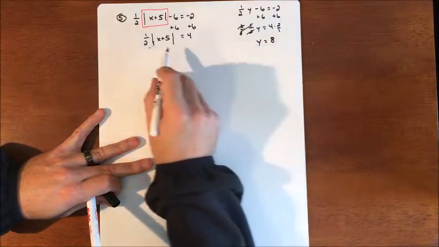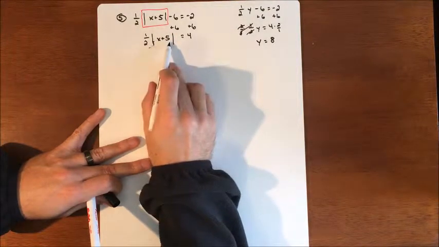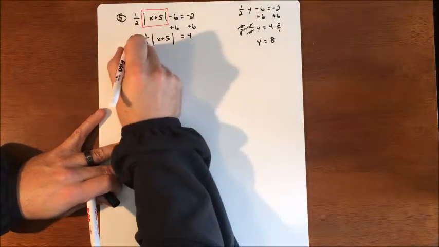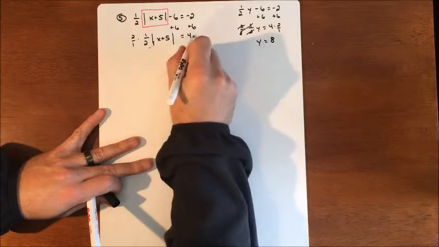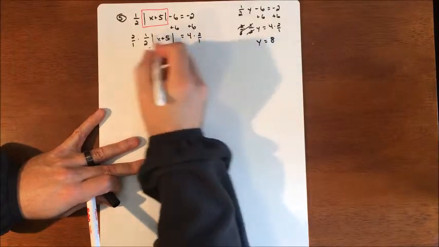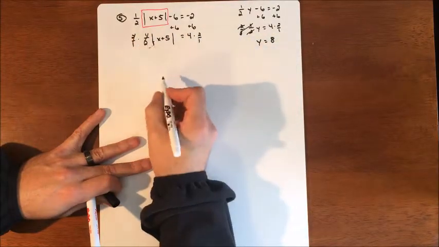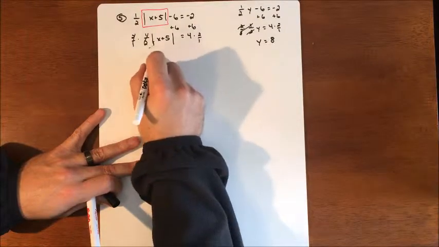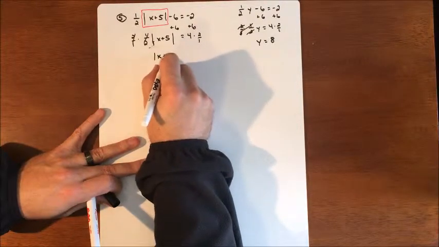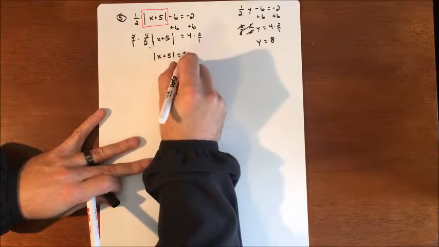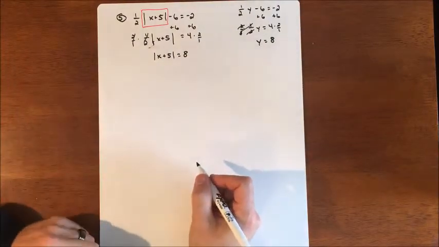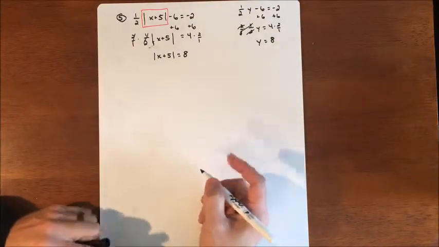Well, that y is representing our absolute value, so the math is identical. So we will multiply by the reciprocal on both sides because the reciprocals will cancel each other. So you'll have left the absolute value of x plus 5 equals 8. Now we've isolated the absolute value. We're ready to set up our two equations.